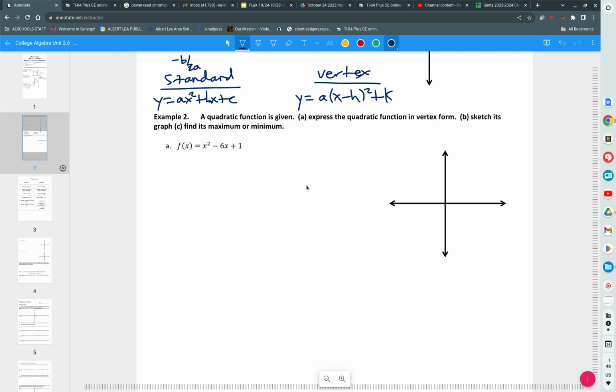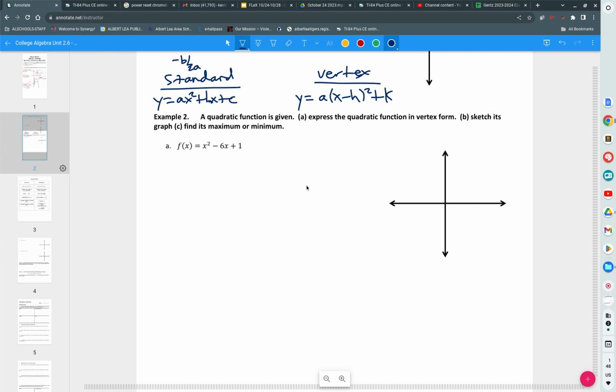If you choose to do the standard form when you're supposed to do the vertex form because you don't know how to do it, I take 3 out of 4 points off. You have to be able to do this. Now, you might say, why? I can do it my way. I still get the right answer. Yeah, and you won't know how to do second semester then, because second semester it doesn't work like that anymore. You have to know how to do this, otherwise you're really going to bomb that test. So you have to learn this skill.